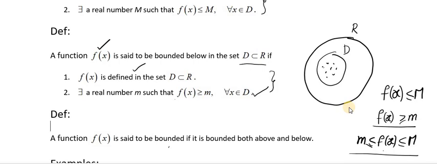So observe once again, a function is bounded if it is both bounded above and bounded below. The combination of these two inequalities is this one. That's why we can easily say that f of x is said to be bounded if it is both bounded above and bounded below. With the help of these definitions, you can get an idea about the concept of bounded.